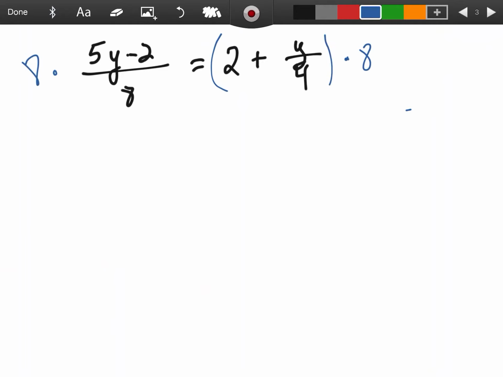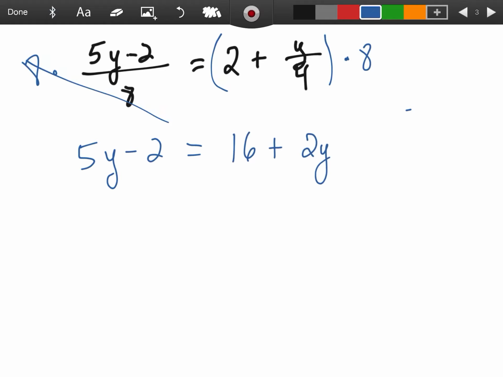On the left side, that's just going to cancel it out, so I'm left with 5y minus 2. And then on the right side, I have 8 times 2, which gives me 16, plus 8y over 4. Well, 8y over 4 is just 2y.